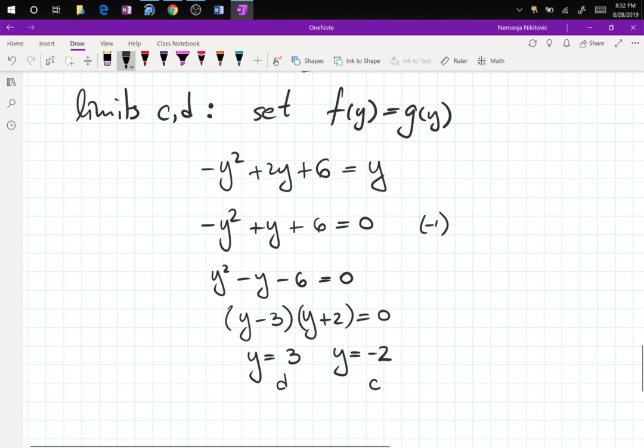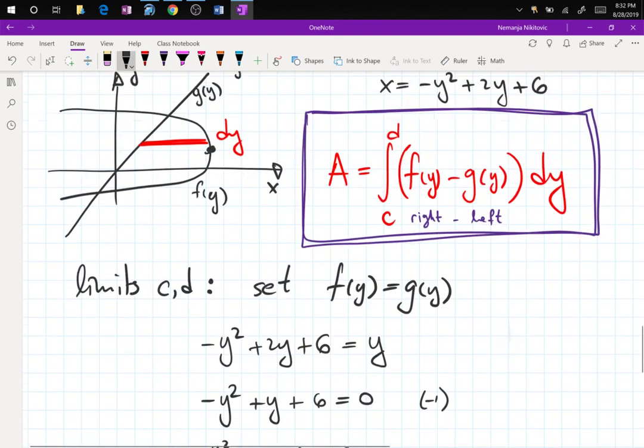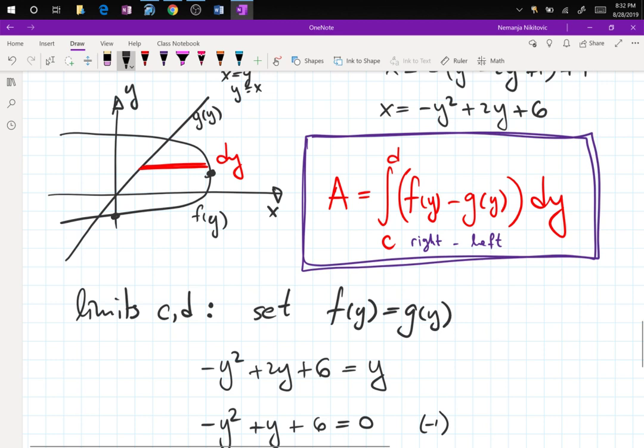Because I'm going to go up now to the picture. Negative 2, oops. This is the intersection, and this is the intersection. This intersection gives me negative 2, and this intersection gives me positive 3.